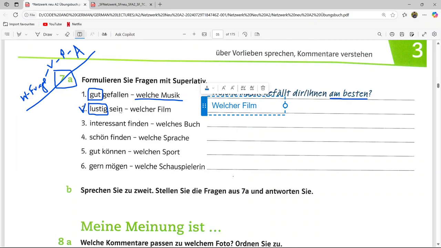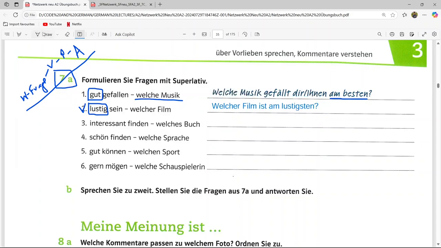We have the verb sein. Okay, we have to conjugate on the basis of sein. So welcher Film ist am lustigsten. Which film is the funniest?